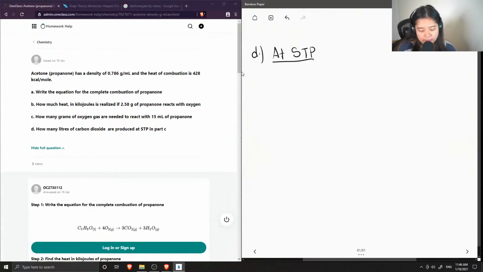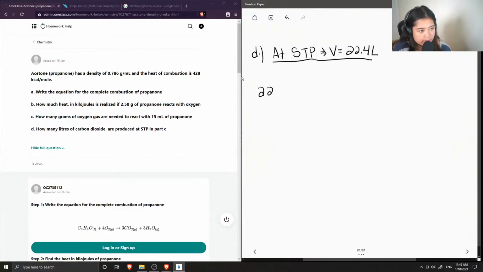So the only things that vary for this reaction would be the volume and the number of moles. At STP, the molar volume value is 22.4 liters. So at standard temperature and pressure, volume is equal to 22.4 liters and number of moles is equal to 1.